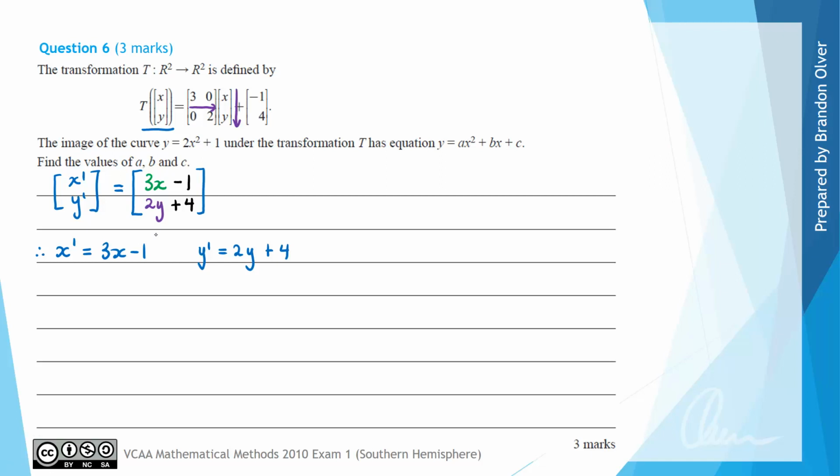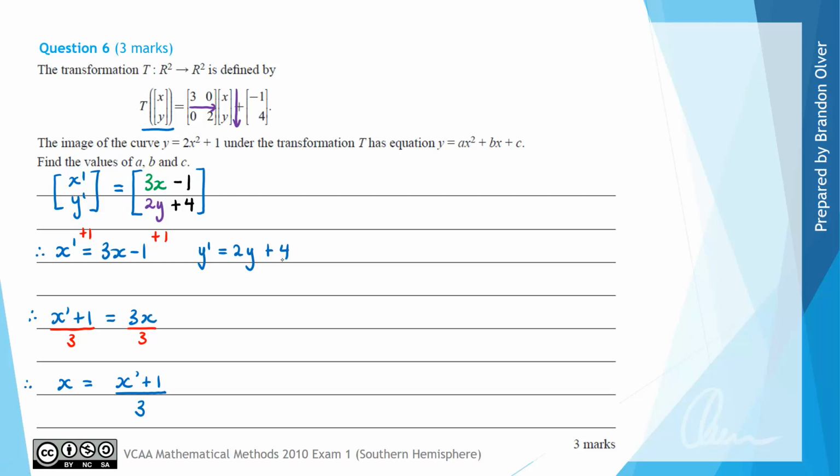So for the first equation involving x, we can start by adding 1 to both sides. So therefore we get x dash plus 1 is equal to 3x. And then dividing both sides by 3, we'll get x by itself, and we get that x is equal to x dash plus 1, all divided by 3.